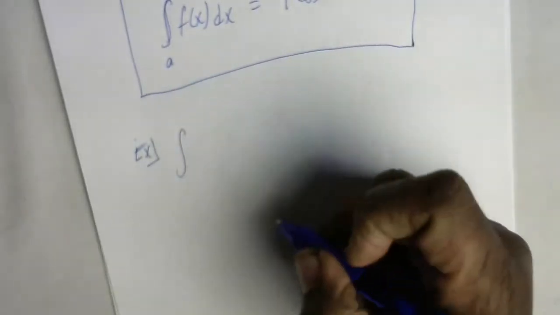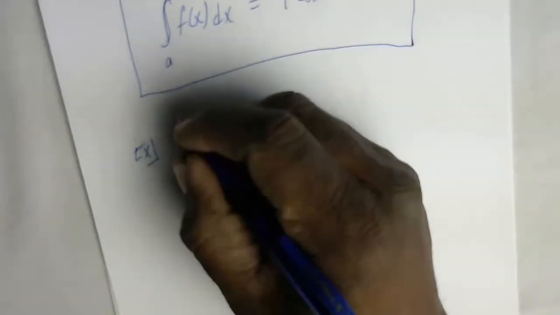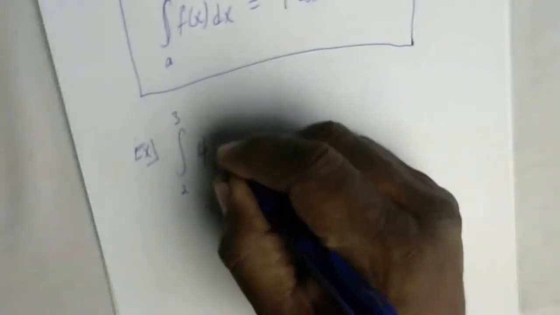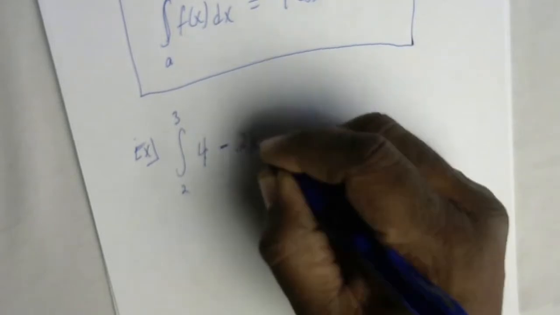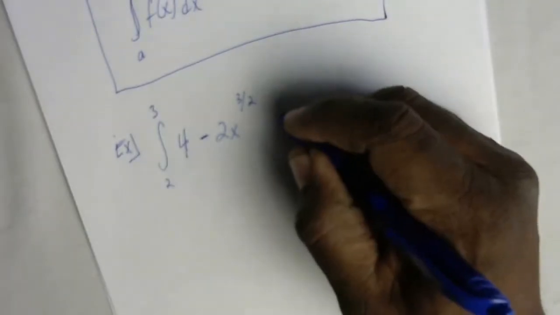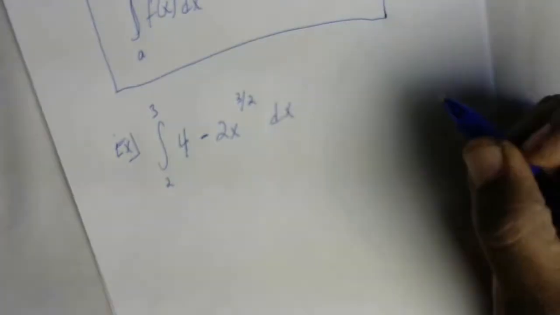We're going to integrate from 2 to 3 of 4 minus 2x to the 3/2 power dx.